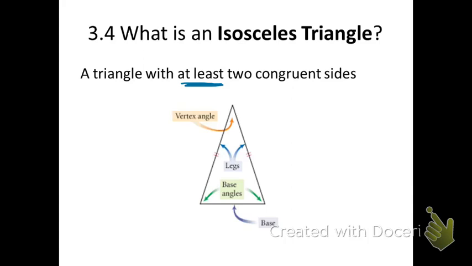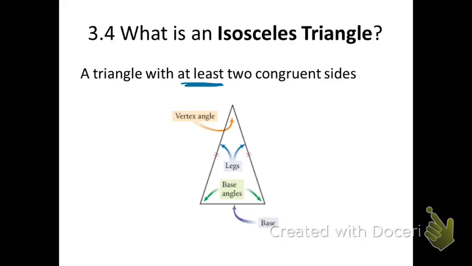So, if we think about what that means, a triangle with two or three sides that are congruent could be classified as isosceles. So equilateral triangles are triangles that have exactly three sides that are congruent. So you can have an isosceles triangle which is also an equilateral triangle, but not always. If you have an isosceles triangle and the third side is congruent to the other two sides, it's going to be equilateral.